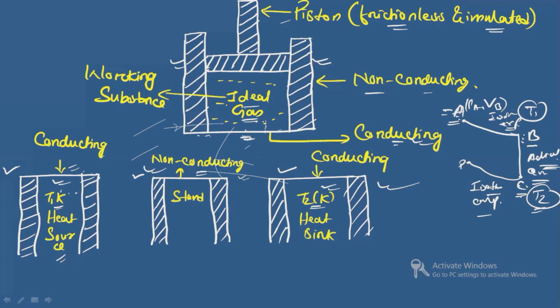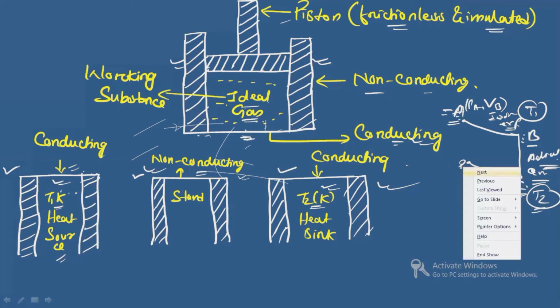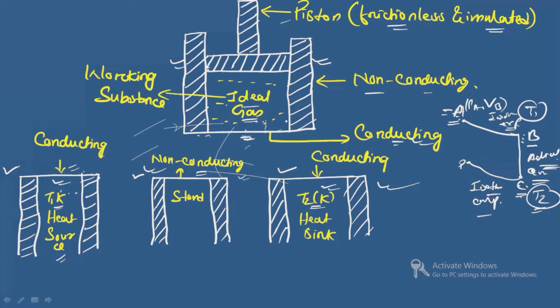So this temperature will now remain constant at T2, and this time the process goes from the state C to the state D. Now there can be exchange of heat. The working substance is placed on the sink this time. There can be exchange of heat, but the temperature will remain constant.